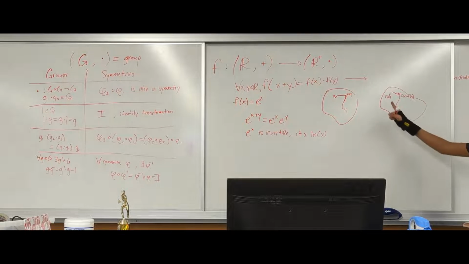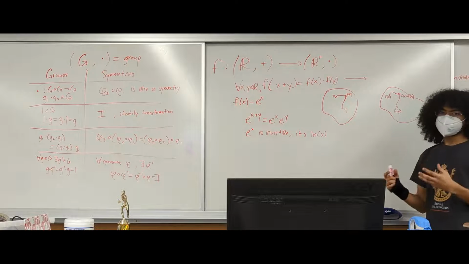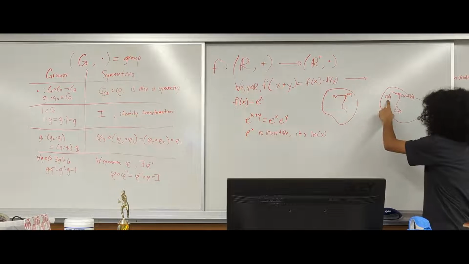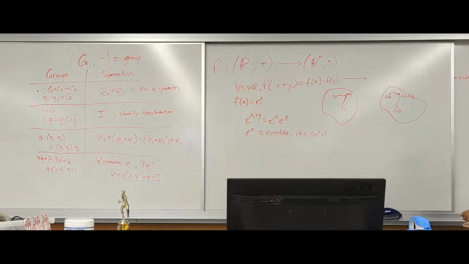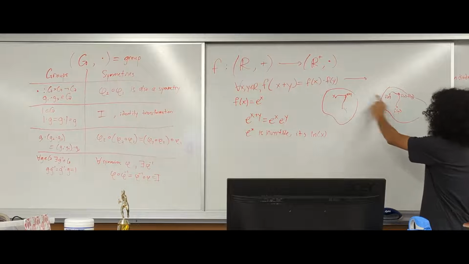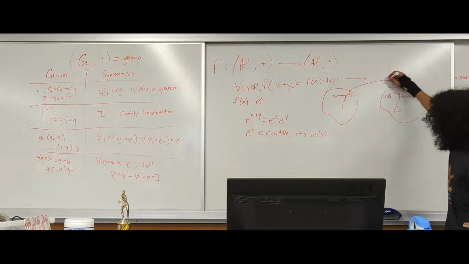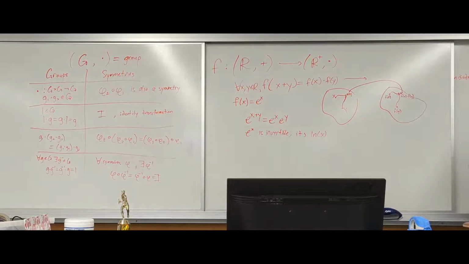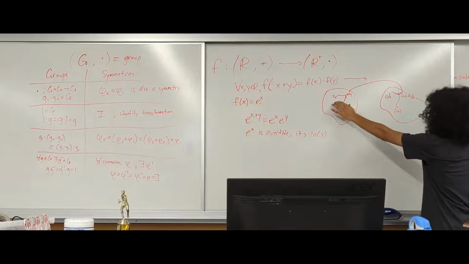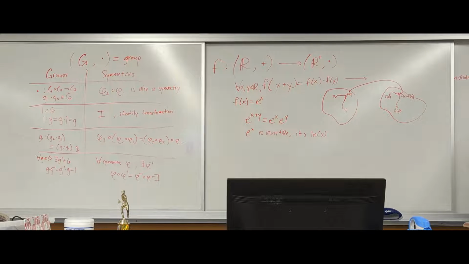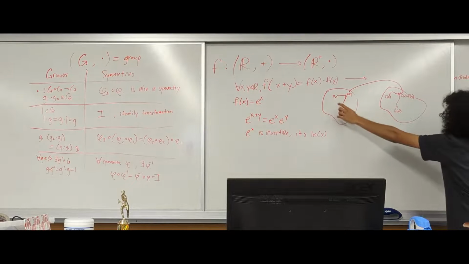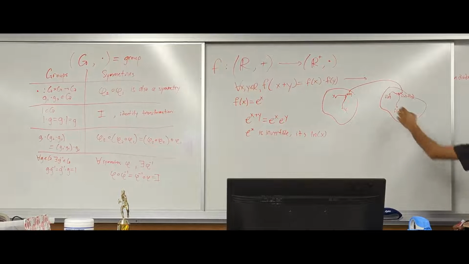If we can find this function f that basically says these are the same and these are the same, and the way you combine these ends up being the same, so that this element x plus y maps to here as well, then it's saying that what the operation is doing in each set is exactly the same, because it's true for any x and y you pick, and also true for any f of x and f of y you pick if the function is invertible.